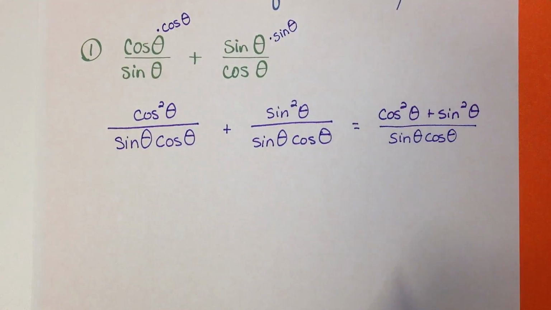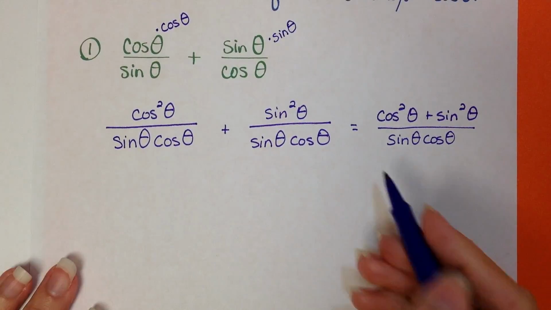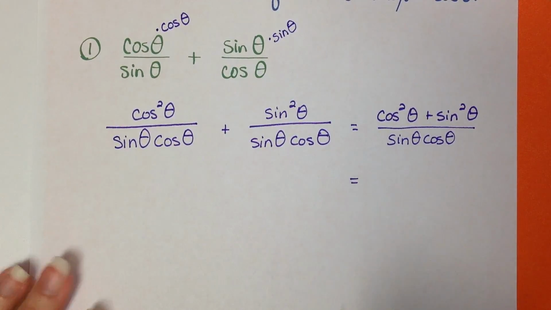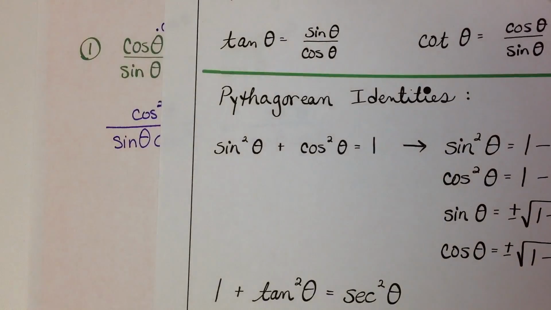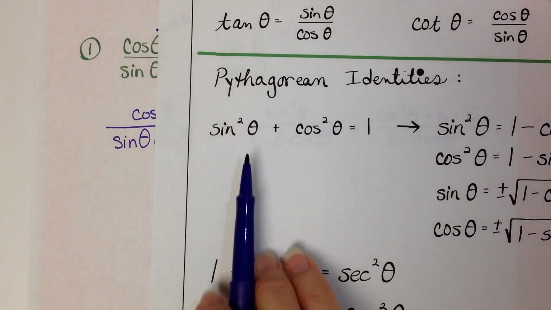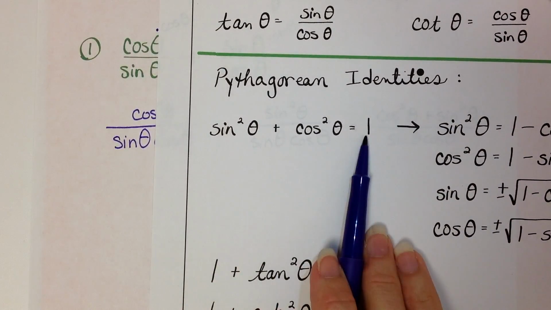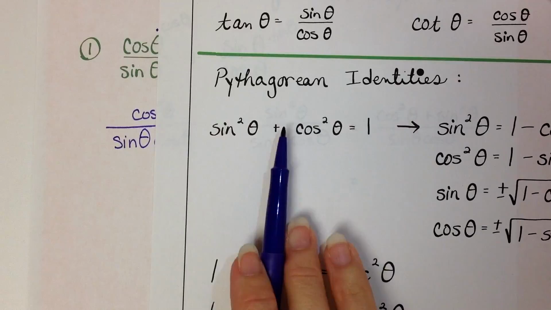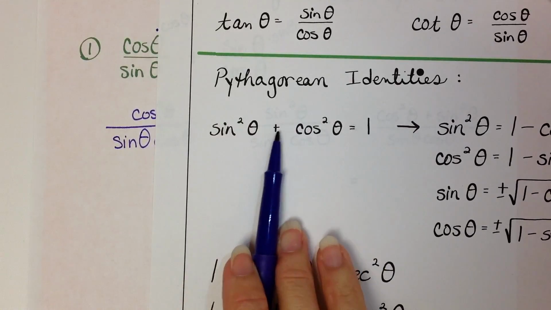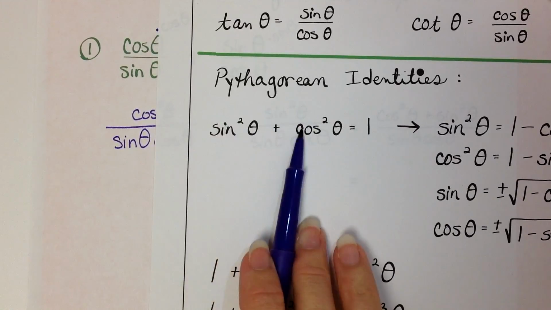Alright, so I do have it in terms of sines and cosines as my instructions ask, but there is some simplifying that I can do here. If you'll look back at your Pythagorean identities, the one that we're going to use here is this one. Now the way I have it written in my problem, I have the cosine squared plus the sine squared first, but with this being addition, it doesn't matter which of those two terms is written first.